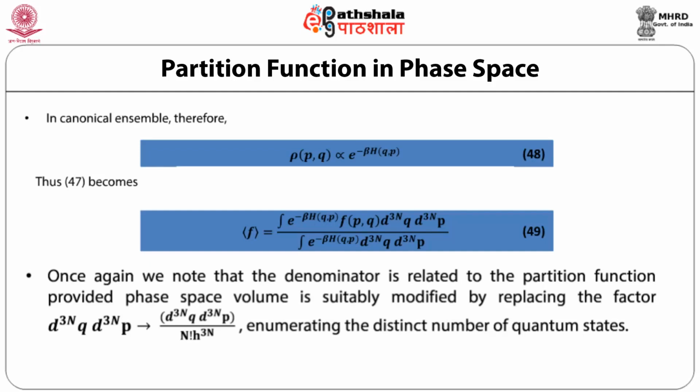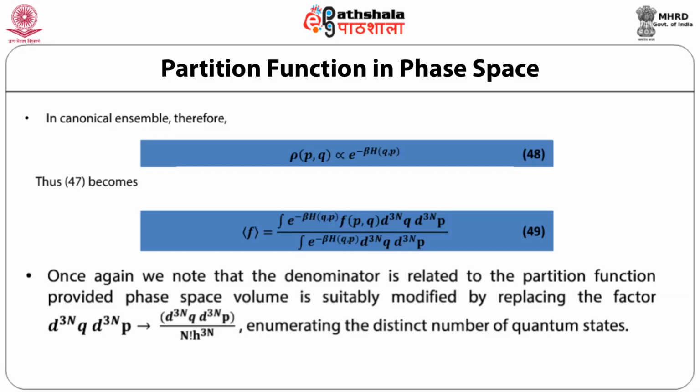Thus, 47 becomes: the ensemble average of f is equal to the integral of e raised to the power minus βH as a function of (q,p) multiplied by f as a function of (q,p), integrated over d³q and d³p, divided by the integral of e raised to the power minus βH(q,p) over d³q, d³p.